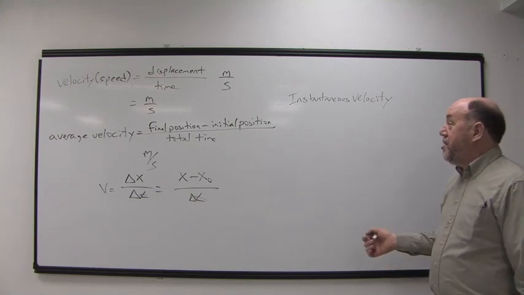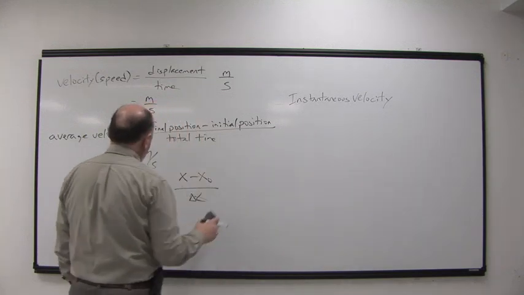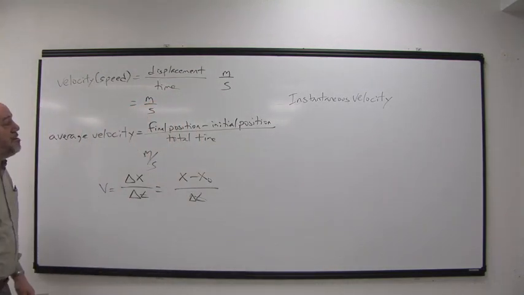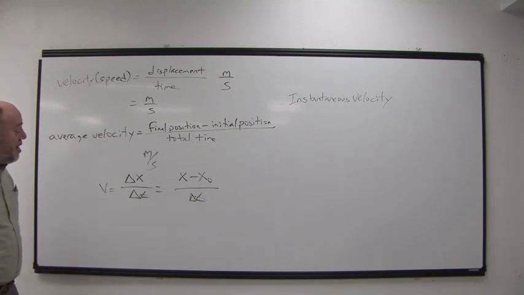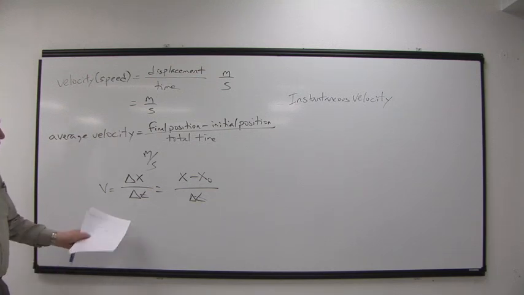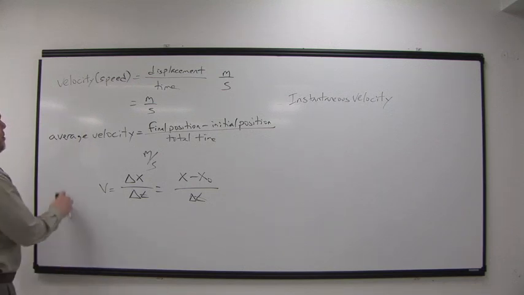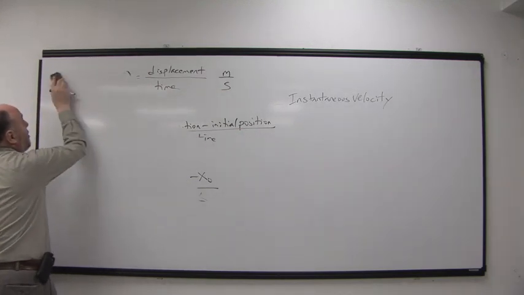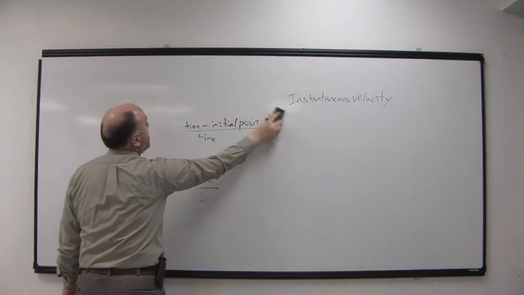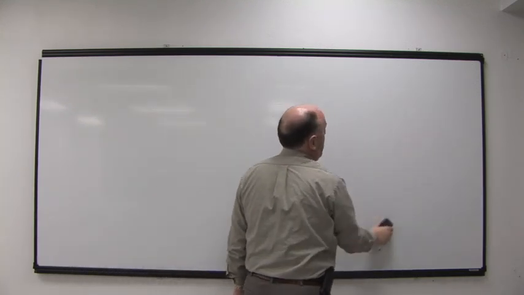And so you do that very quickly, so basically we do this when this delta t is very, very small. If you want to know how fast you're going when you're driving down I-5, you don't decide that you're going to look at your speedometer for the next minute and see what your speed was. If you do that, you will either run into somebody or you will probably drive off the road. And so you want delta t to be basically 0 when you do that.